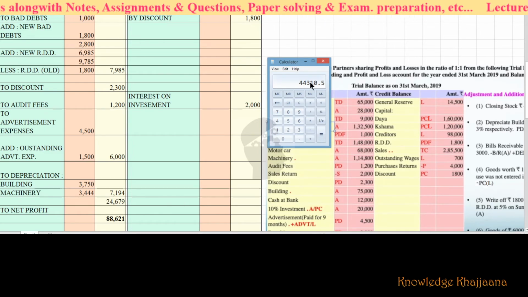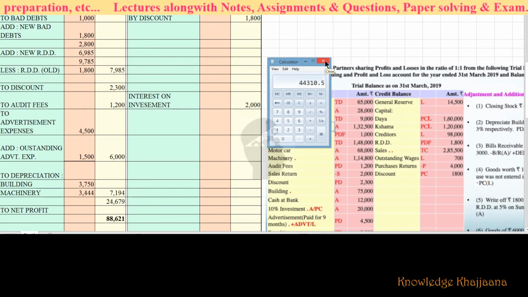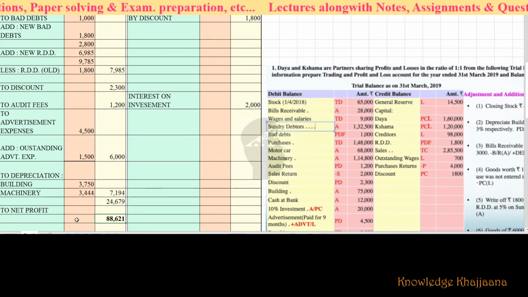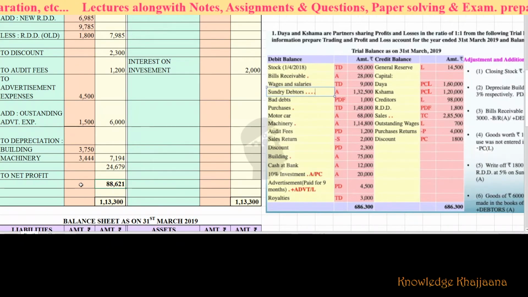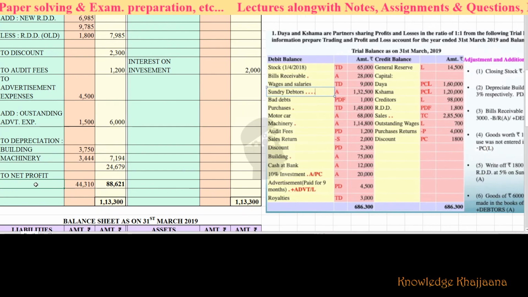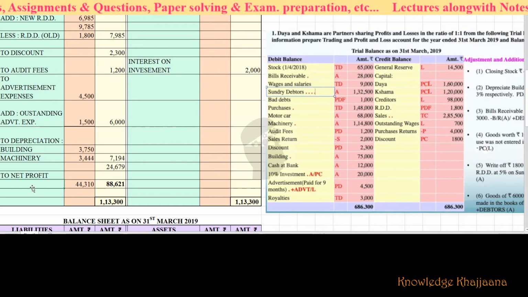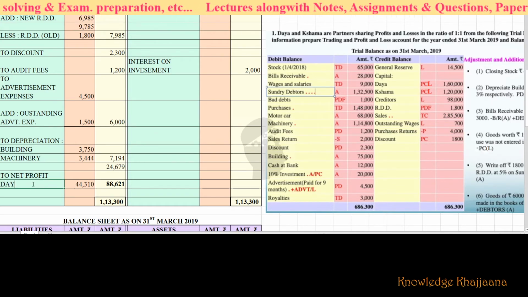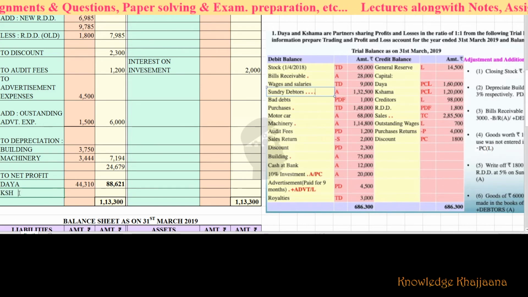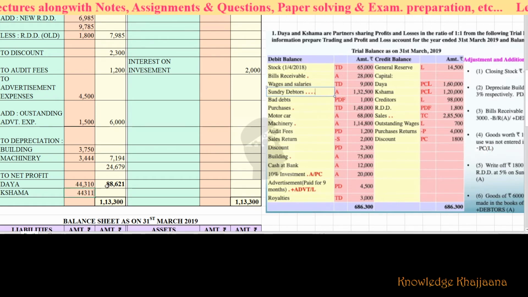We will give 44,310 rupees to one and 44,311 rupees to another.